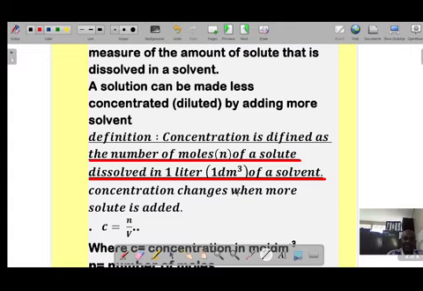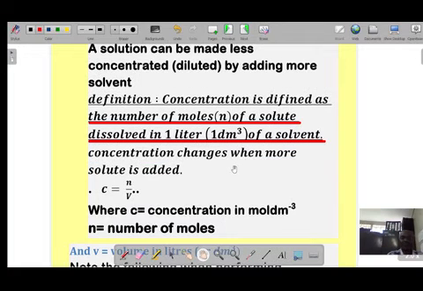Or you can say, in 1 decimeter cubed of a solvent. Now, the concentration changes when more solute is added. Like if you got sugar and you put it in water or in tea, the more sugar you add, the more concentrated your tea is going to become.